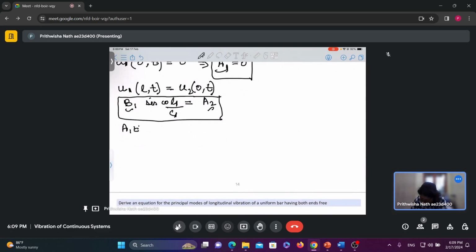A1 E1 ∂u1/∂x1 at (L1, t) equals A2 E2 ∂u2/∂x2 at (0, t). Here A1 is the area for the bar.